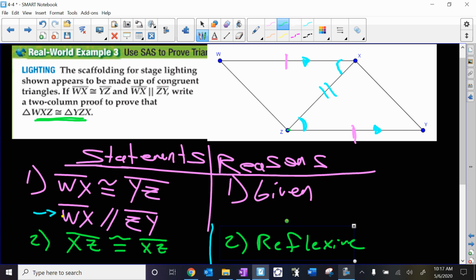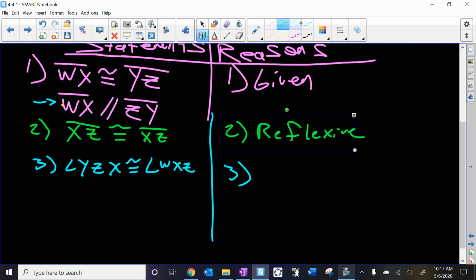This side is parallel to this side. This would then be your transversal. You can see that those would be considered alternate interior angles now. We're going to say that these angles are congruent by alternate interiors. And now that I have my two sides and the included angle, we can say that the triangles are congruent.